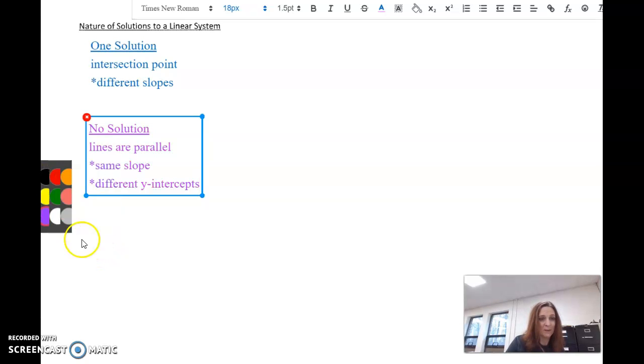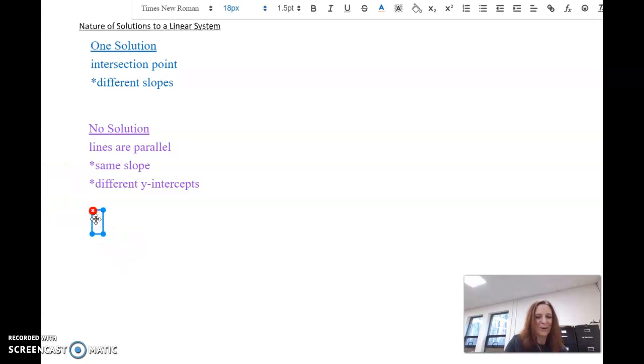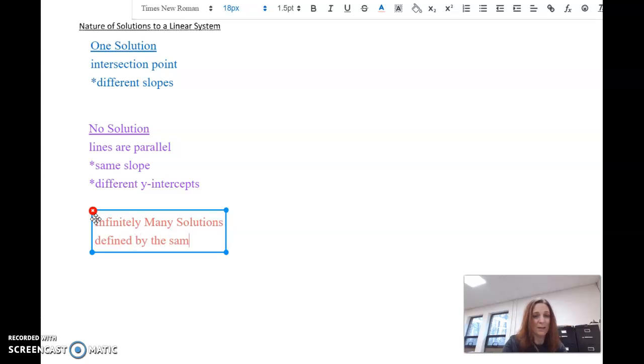We also could have infinitely many solutions. That means they're the same line, defined by the same line.